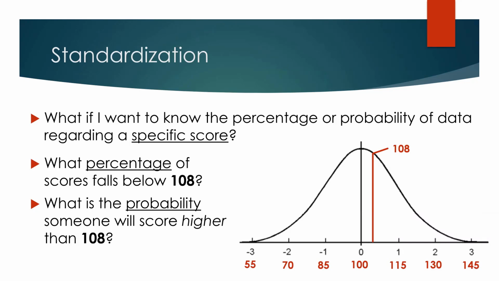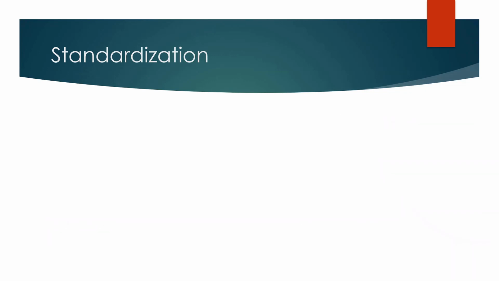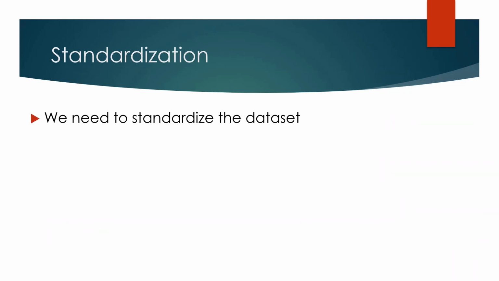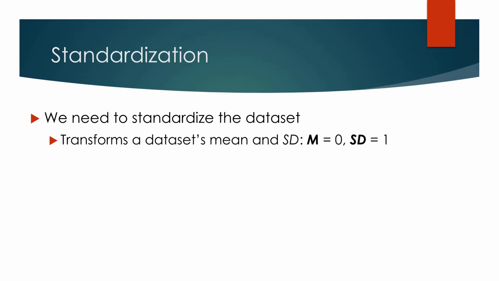So this is where standardization comes in and is very helpful. We need to standardize the data set in order to address those more specific scores. So what does standardizing do to the data set? It transforms the data set's mean and its standard deviation so that it goes from whatever it equaled originally to now equaling 0 for the mean and exactly 1 for the standard deviation.